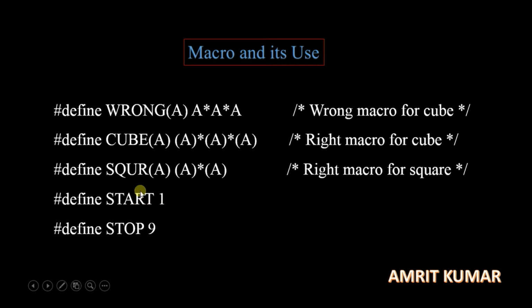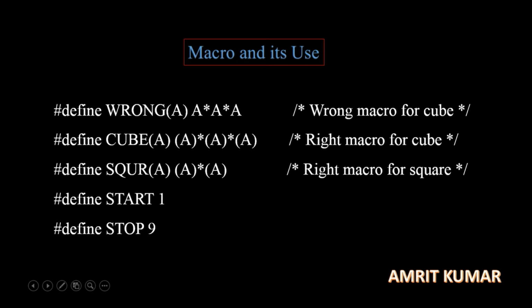This is also a correct macro, because hashtag define is the reserved keyword used for defining a macro, and the macro name is in capital letters. Then whatever you want to assign, you can assign here. So STOP is going to contain 9. If you write STOP, it means 9. If you write START, it means 1.